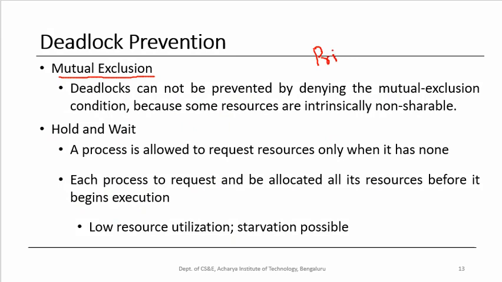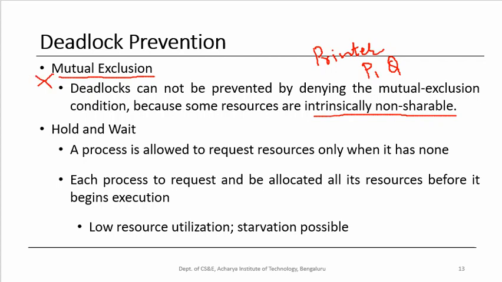You cannot share this kind of resource among multiple processes like P and Q, because these resources are intrinsically non-shareable. Some of the resources have to be used in a non-shareable mode. So there's no way of preventing mutual exclusion. This is ruled out.